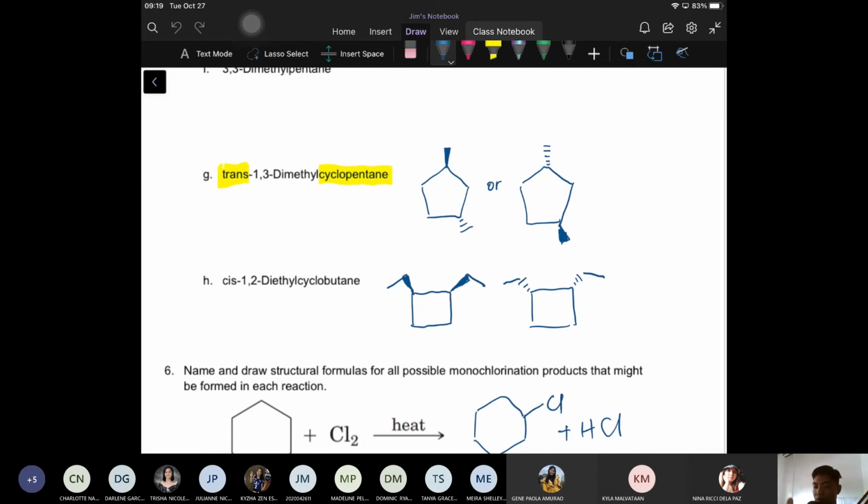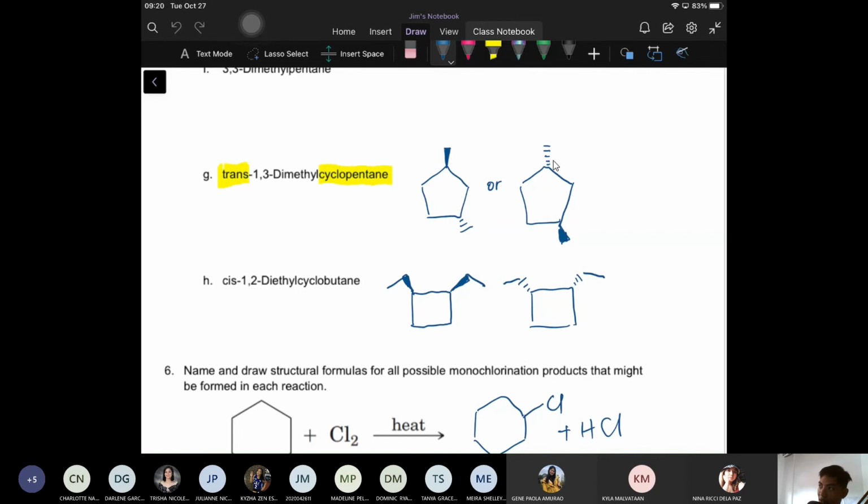So depending on the position of your substituent, you can either have a trans or the cis isomer. We can tell kung sino yung trans, kung sino yung cis by just looking at the bonds. No? If you have a wedge or a dashed bond. Wedge bonds tell you that the substituent is pointing towards you, pointing sa iyo, yung substituent na yon.